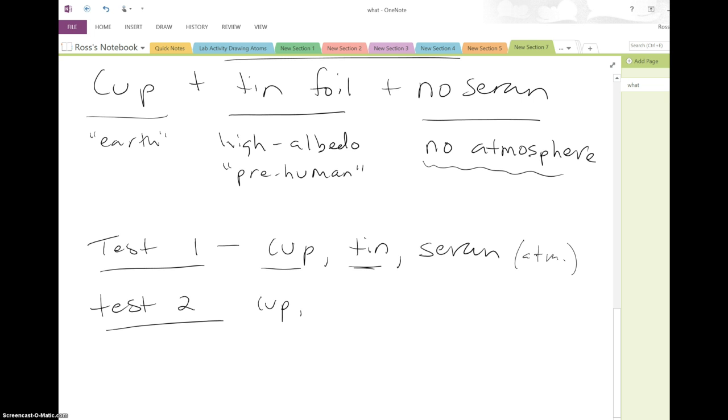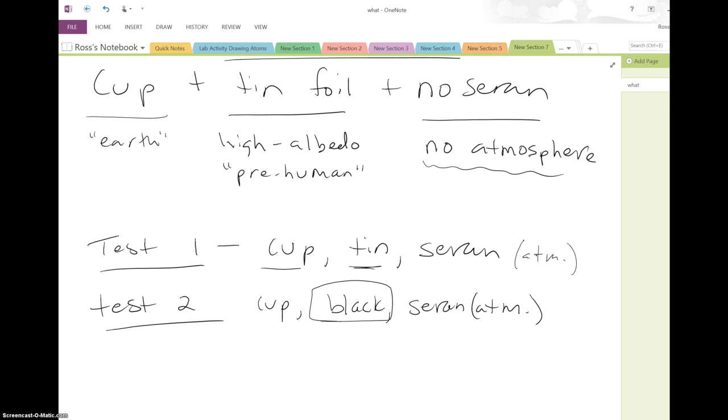In test 2, we're changing things even further, right? We've got our cup, we've got the black paper, and we've still got the saran wrap or the atmosphere. So now we've changed another thing, and rather than having the pre-human high albedo surface, we've got a surface that has been changed and altered by humans, and we're looking at pavement and buildings.